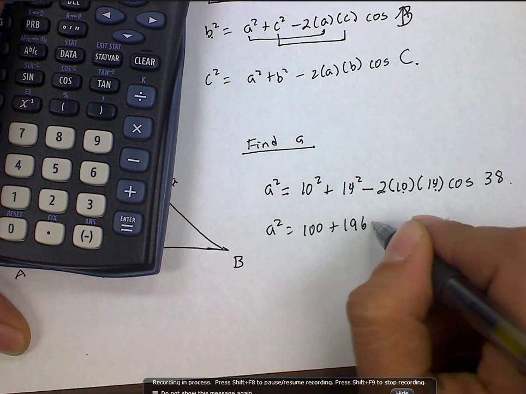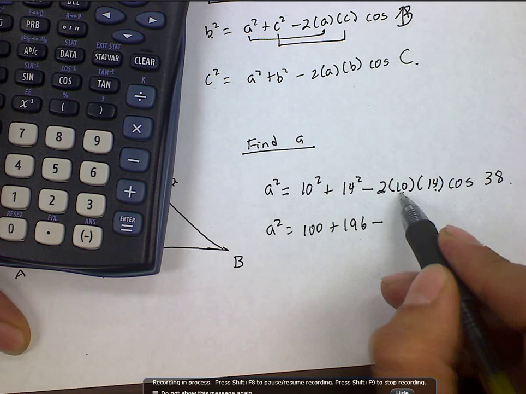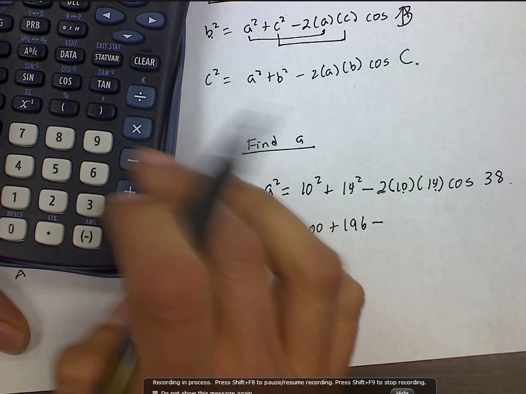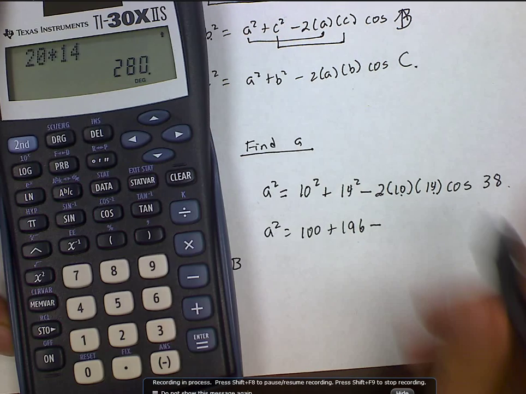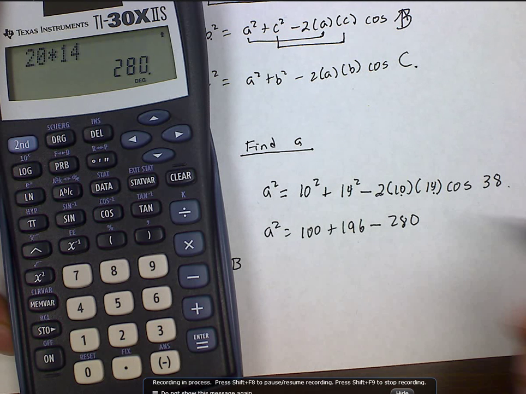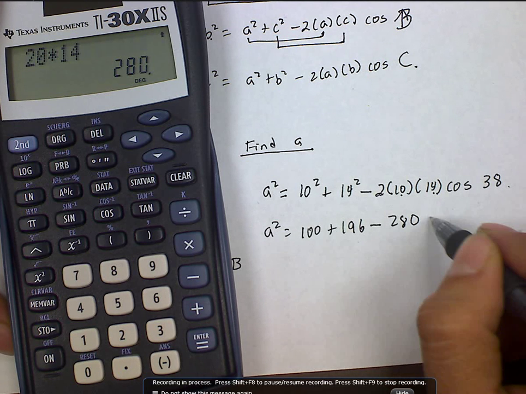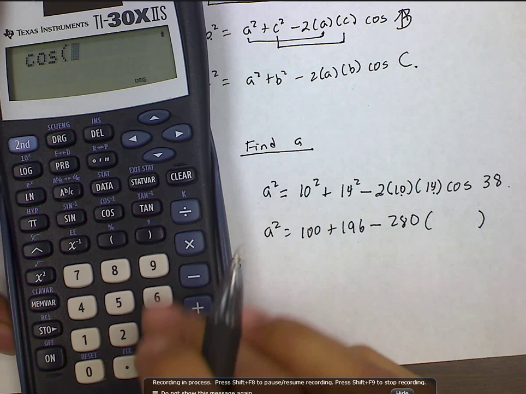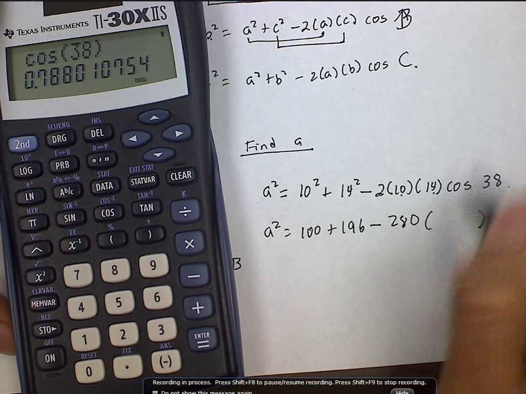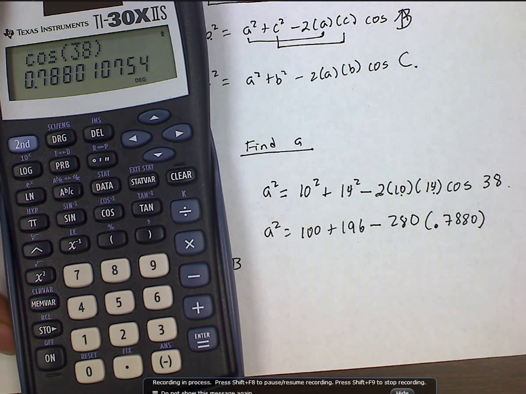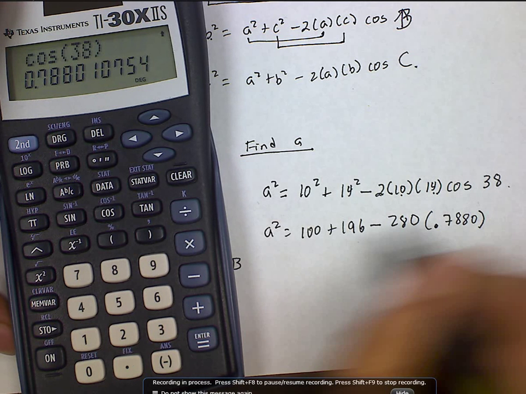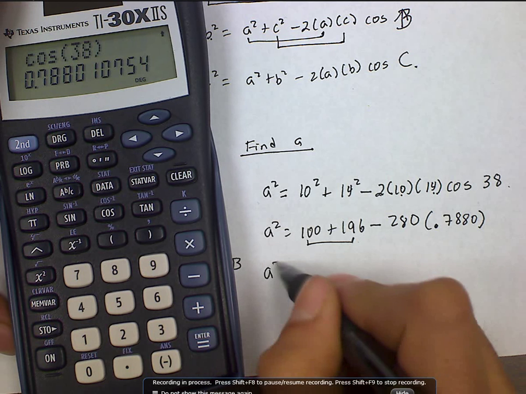Minus 2 times 10, that's 20, and then 20 times 14, that gives you 280, times the cosine of 38. So what is the cosine of 38? That gives you 0.7880.